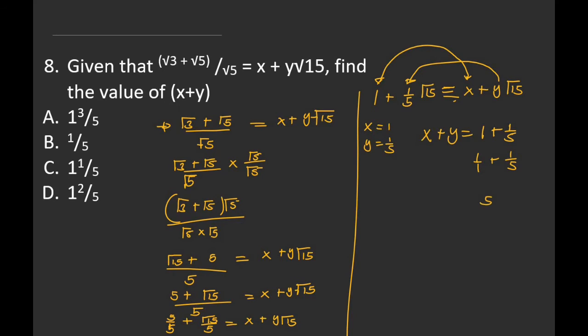LCM is 5. Divide 5 by this, 5 times that 5, plus divide 5 by this, 1 times that 1. So we have 6 over 5, and it is equal to one whole number, 1 over 5, as a mixed fraction.